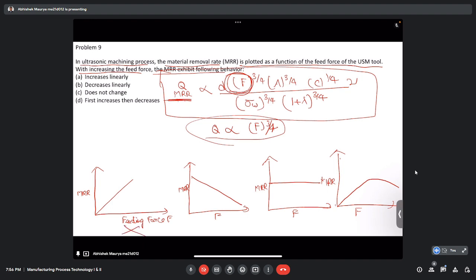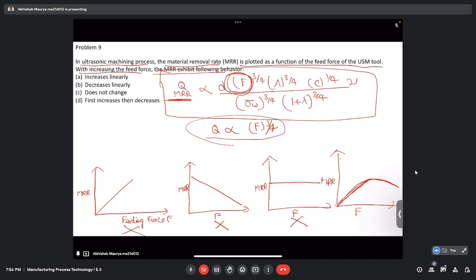What about the second option? The second option is not right, because MRR should increase with increasing feed force, and for the same reason the third option is also not correct. For the fourth option I have drawn a curve, something like this, which is first increasing then decreasing.